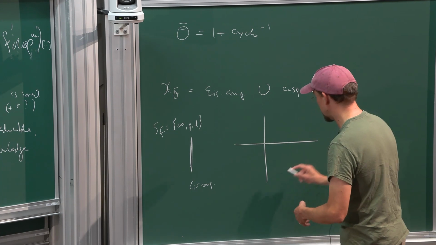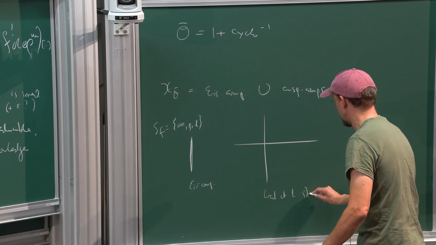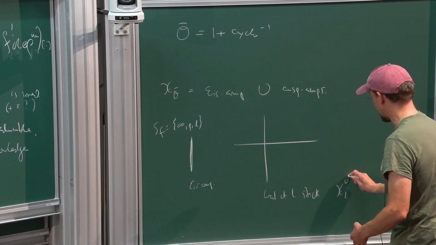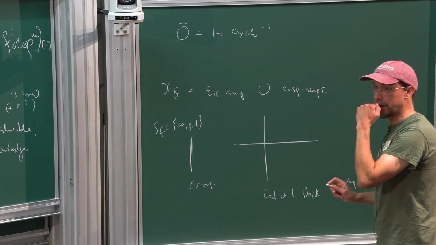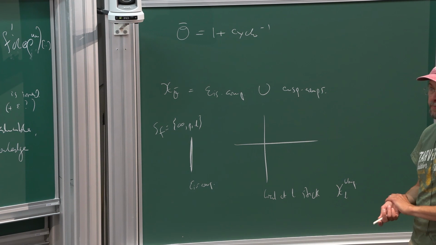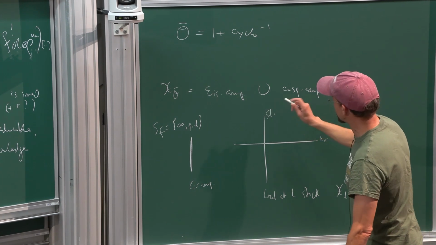So what I've drawn here is the local at L stack, XL, and I've drawn the unipotent picture. I think Jean-François drew some version of this picture in his talk. So there's an unramified component here and a Steinberg component.